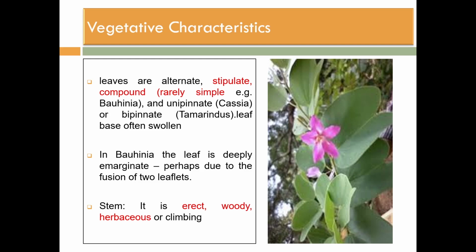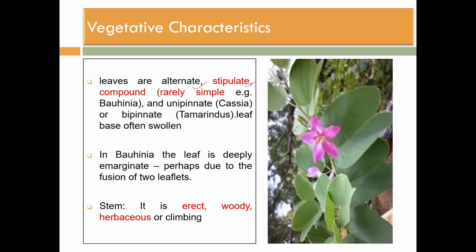If you see the vegetative characteristics, the leaves are alternate, stipulate, compound, rarely simple as in the case of Bauhinia, unipinnate as in Cassia, or bipinnate as in Tamarindus. The leaf base is swollen, so they have a pulvinus. In Bauhinia, the leaf is deeply emarginate, perhaps due to the fusion of two leaflets.